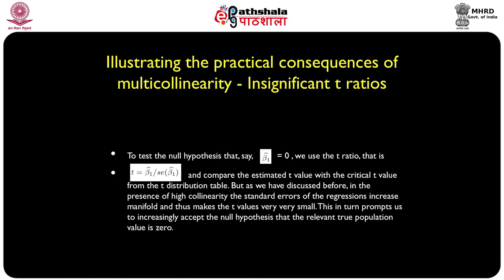But as we have discussed before, in the presence of high collinearity, the standard errors of the regression coefficients increase manifold and thus make the t-values very small. This, in turn, prompts us to increasingly accept the null hypothesis that the true value is 0.